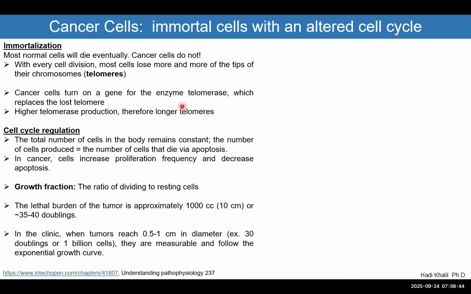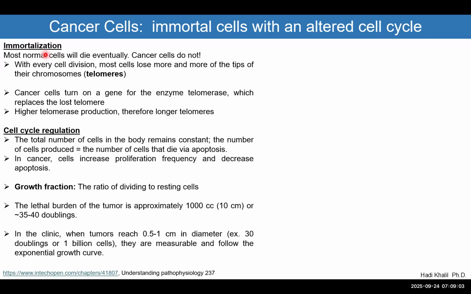But once they bypass these checkpoints, there are other steps that take place. In fact, the cancer cell becomes immortalized. And what does immortalization mean? It means that these cells eventually divide an unlimited number of times.